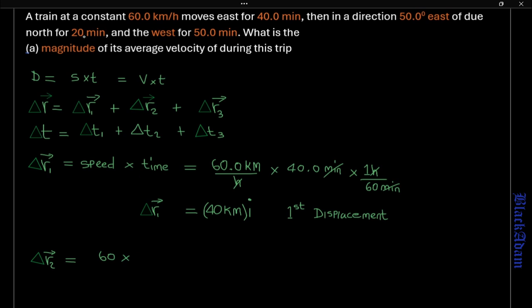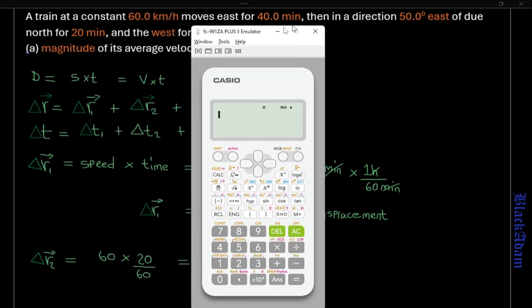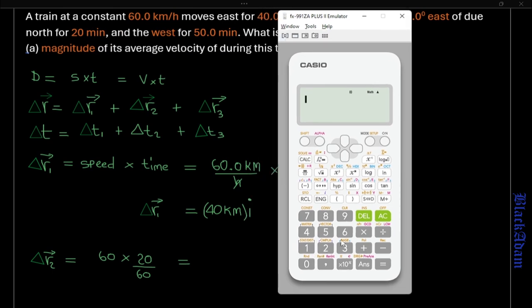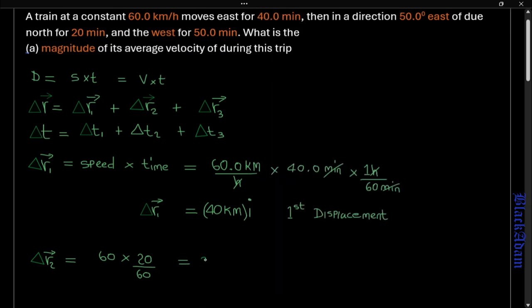Remember, we divide that by 60 to change it to hours, so that is 60 times 20 divided by 60. That means we have 20 kilometer.